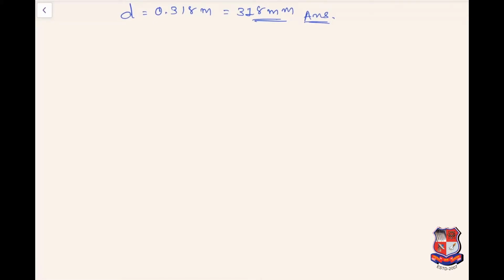Now the power. The power can be found out by the work done, and for work done the amount of heat that needs to be absorbed by the air is equal to MA Cp (T1 minus T4).